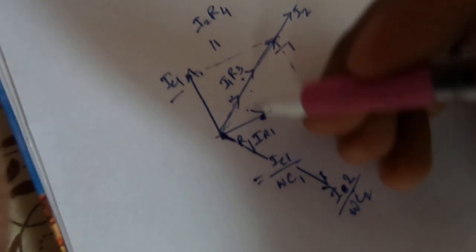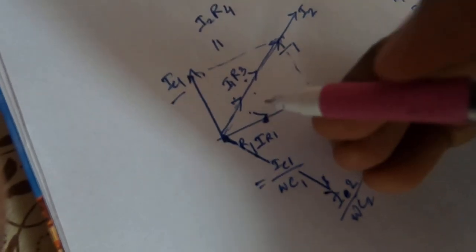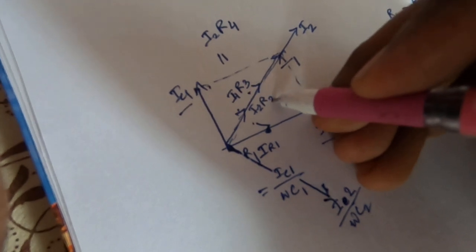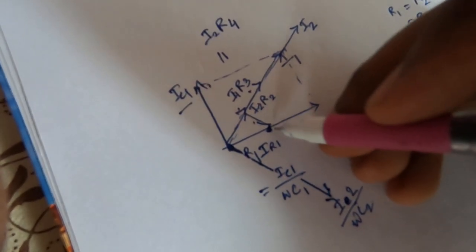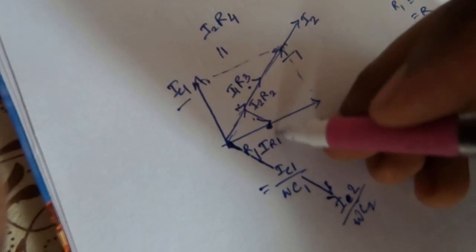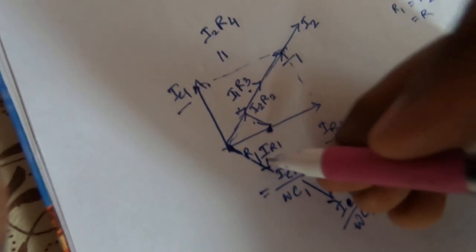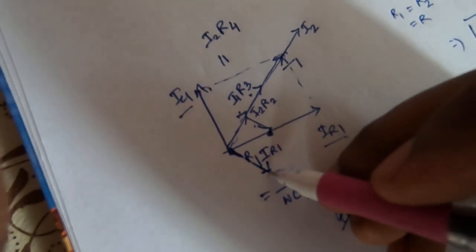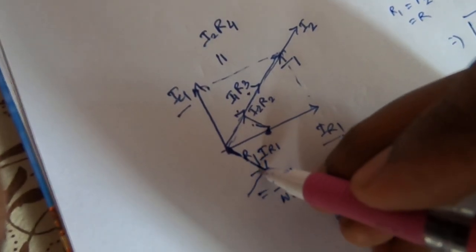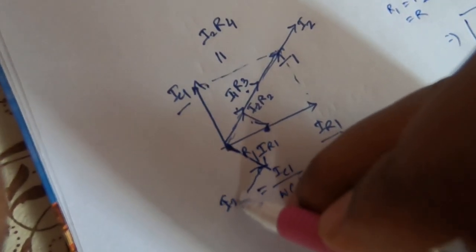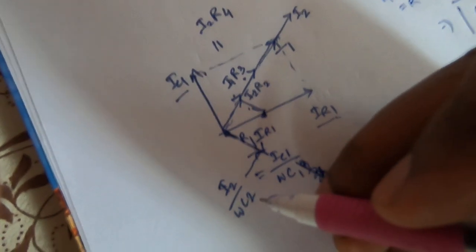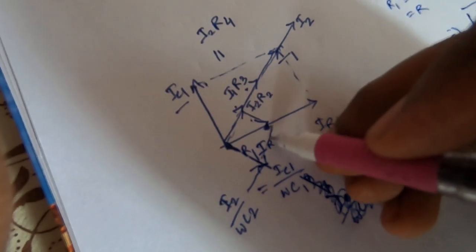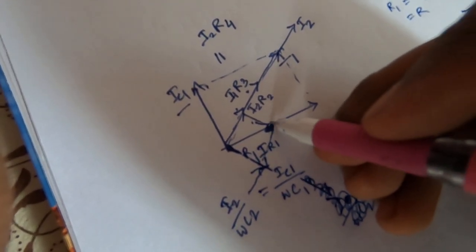This is I2 by omega C2, and this will be your I2 R2. So by doing this, actually this should be written over there, so you can erase this part. So we will have this point over there, and this I2 by omega C2. By the resultant of these two terms, you will have the voltage drop over this point.